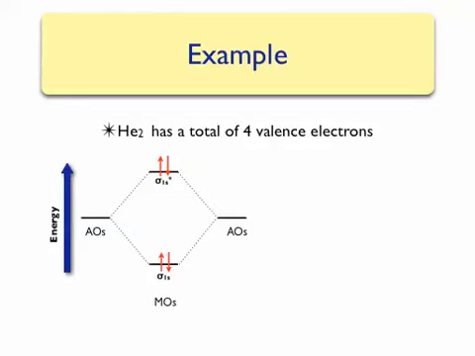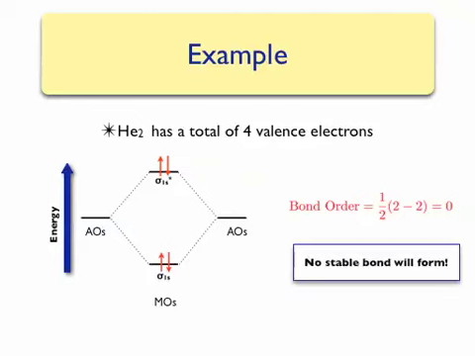We can use this diagram to calculate a bond order for helium-2. This time, we have 2 bonding electrons and 2 antibonding electrons. This gives us a total bond order of 0. This predicts that if we took 2 helium atoms and tried to make a molecule, no stable bond will form between them.